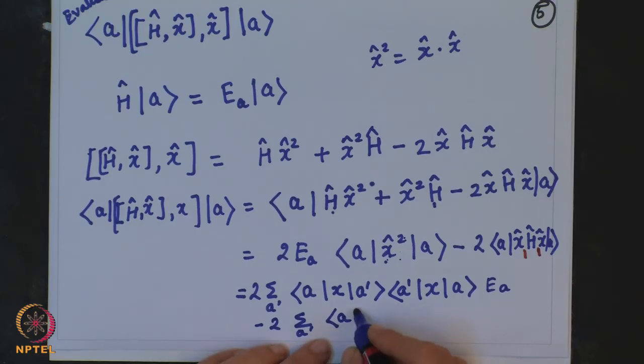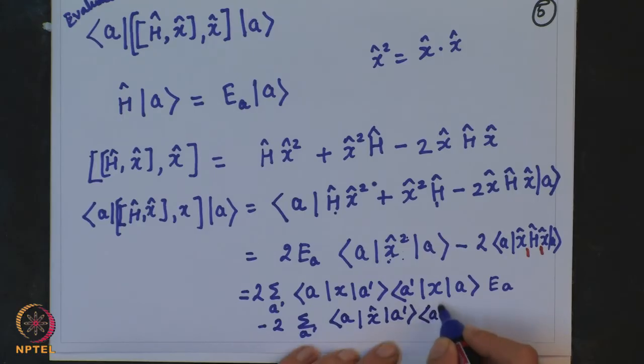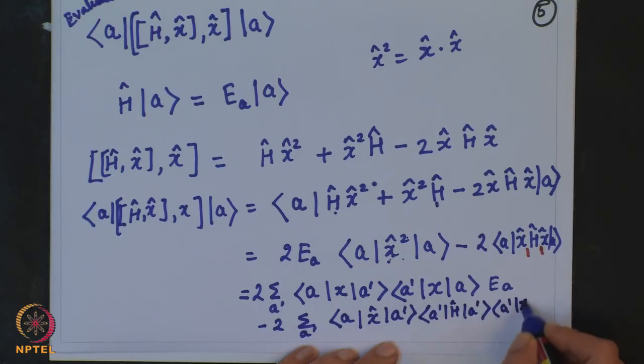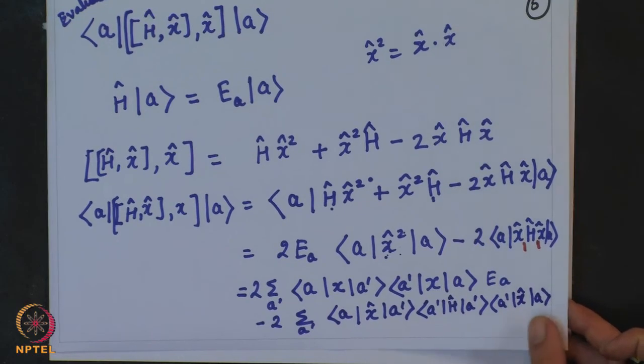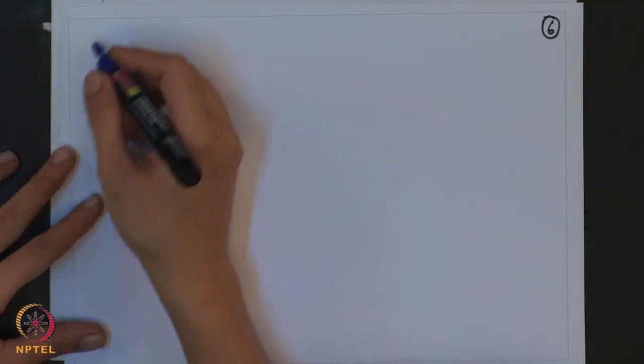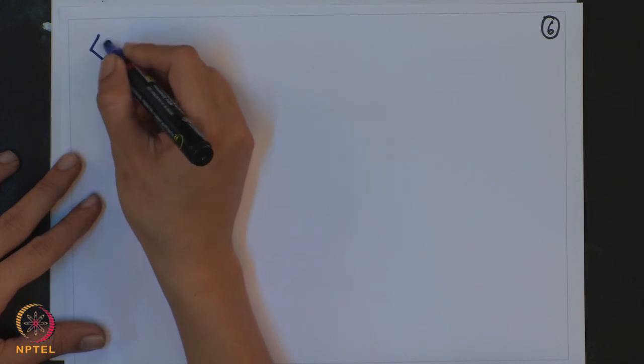So, what I obtain here is x A prime, then I have A prime h hat A prime x A. This is what I have. Let us now simplify the previous step. So, what was the previous step? Let us simplify the previous step.